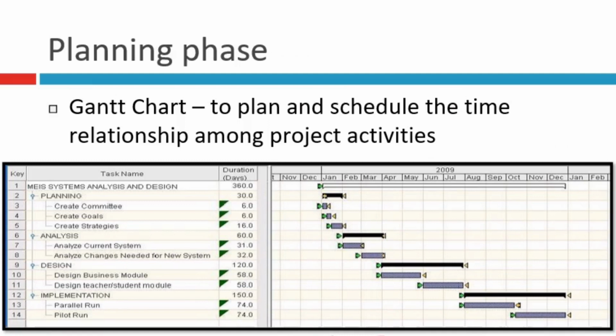Now during the planning phase, because it's a planning phase, when you have to plan, you have to plan it wisely. You have to plan it very well. So your plan itu, you plan and schedule the time relationship among project activities. So during your plan, you have to come up with all the activities that you have to go through in every phase.